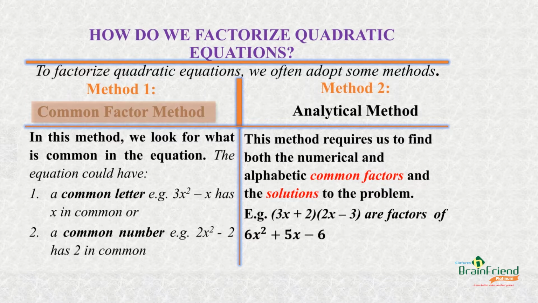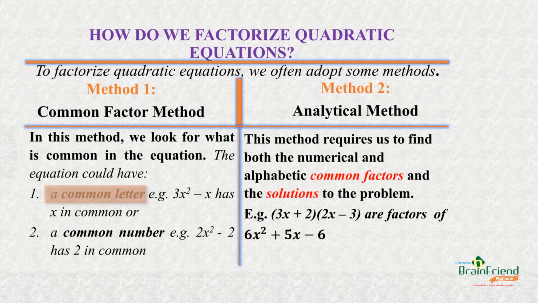In the common factor method, this requires us to find either a common letter or a common number. For example, looking at the board, you see that we have 3x squared minus x. This expression has x in common. There is x here and there is x here. So it has x in common.